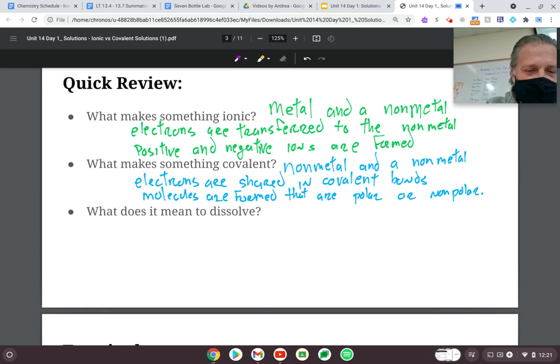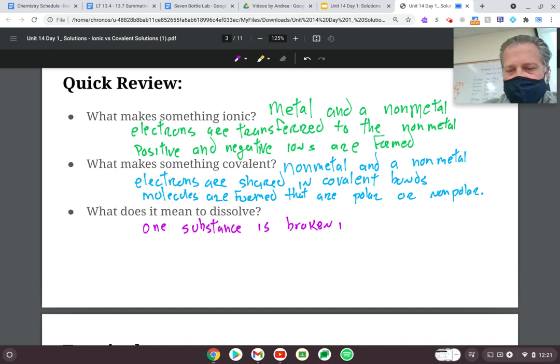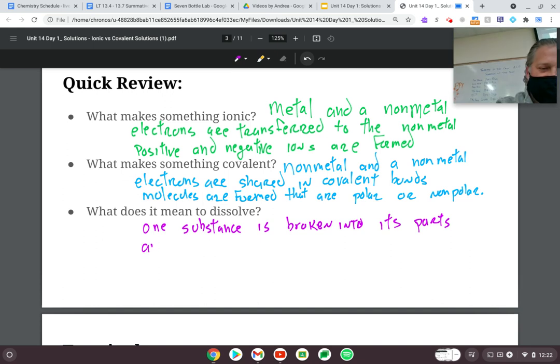So one substance is broken into its parts and surrounded by another substance.